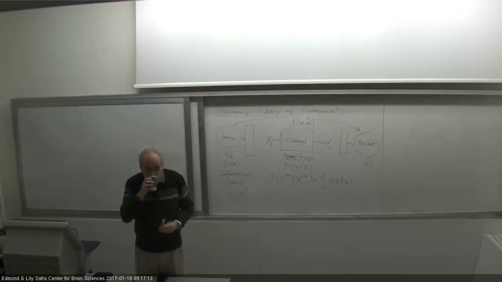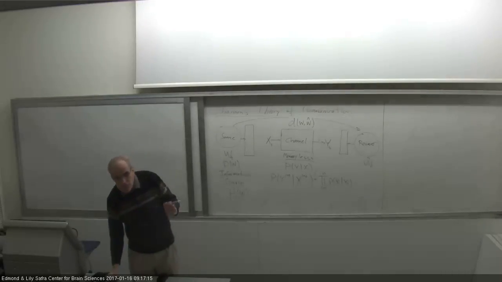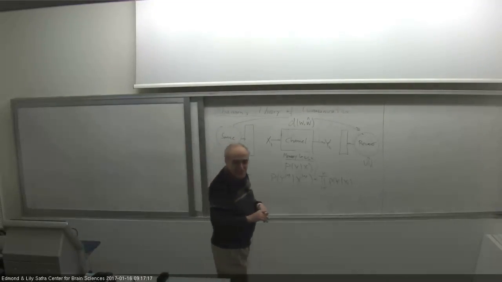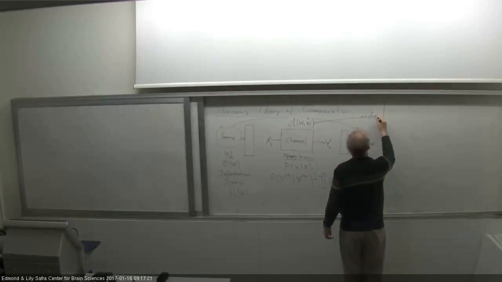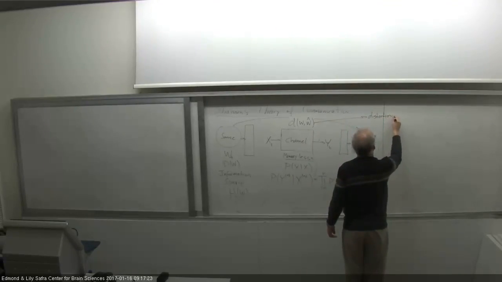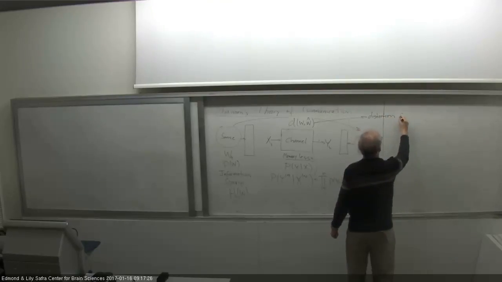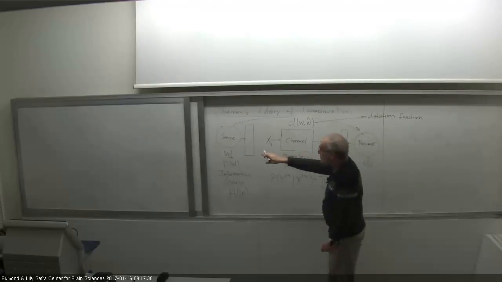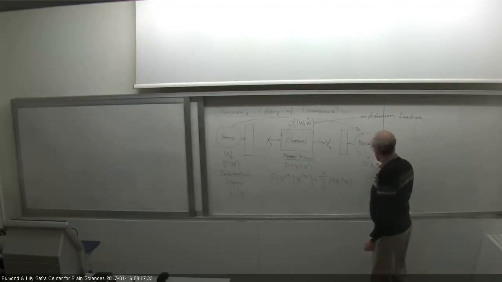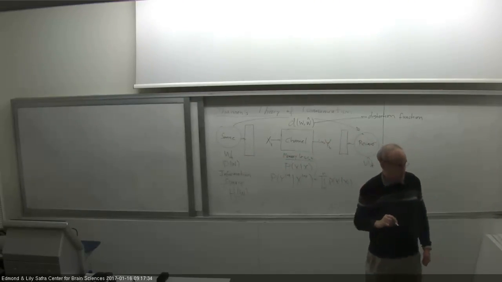And of course they're different. They can be measured in different ways. So there is something called a distortion function or distortion measure, which is very important, and which tells me how well my original messages were received at the receiver.